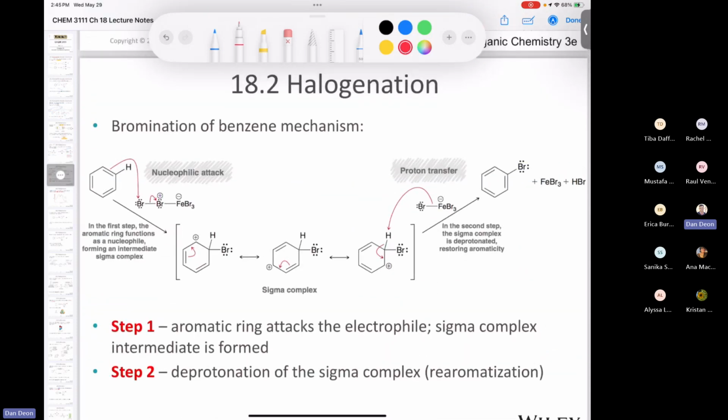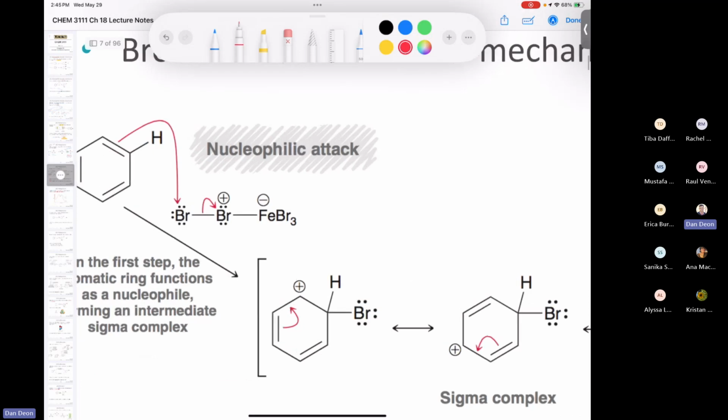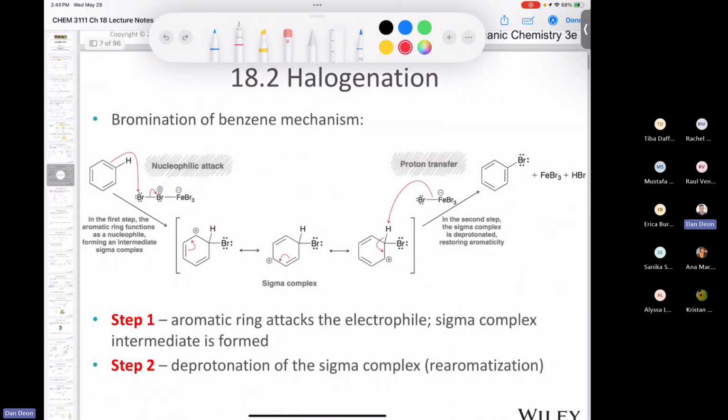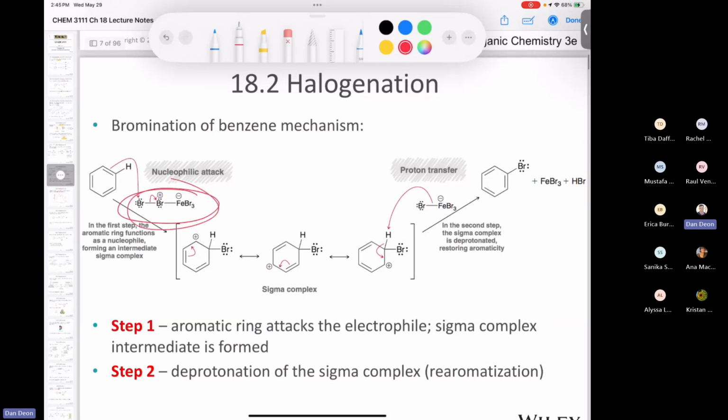Okay, so if you remember the complex that was formed between the iron 3 bromide and the bromine molecule was this one here. That is what they're drawing as our potent electrophile. It's a very, very, very strong electrophile. And when you put it in the presence of an aromatic ring, you get a nucleophilic attack. And once you do that, remember that this carbon has one hydrogen on it that I have drawn in red.